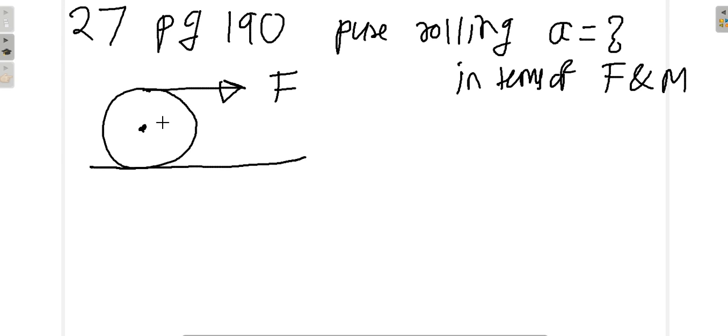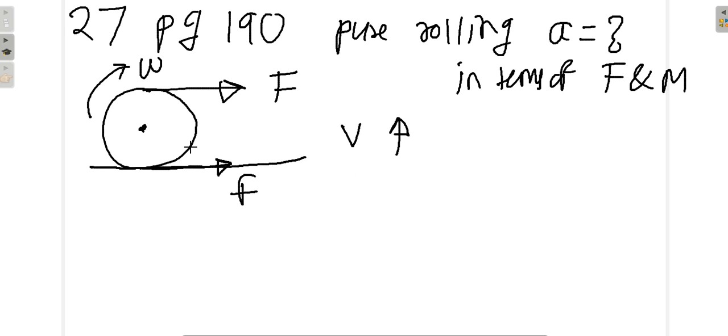Let us consider two situations here. Suppose the force of friction acts in this direction. If the force of friction acts in this direction, it will support the original force. This will make the velocity v go on increasing.